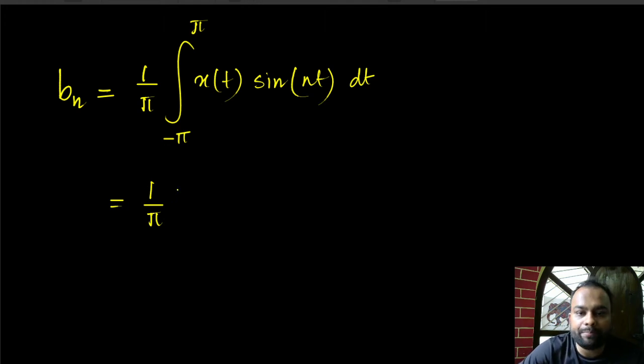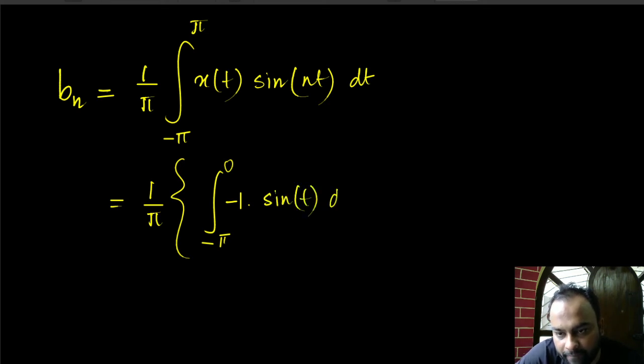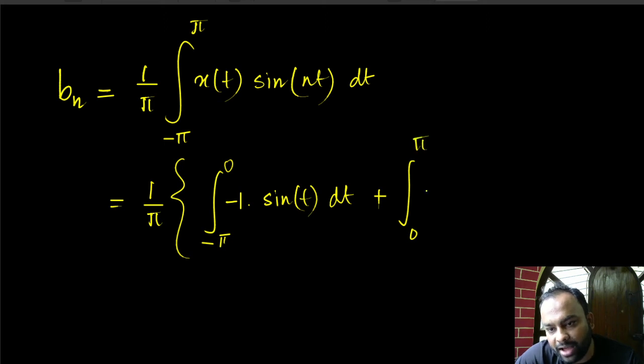So again, we have to split this into two parts. When the signal is between minus pi and 0, I have a minus 1, so I'm just skipping one step here, and from 0 to pi we have plus 1. Sorry, it is not sin t, it is sine of nt.